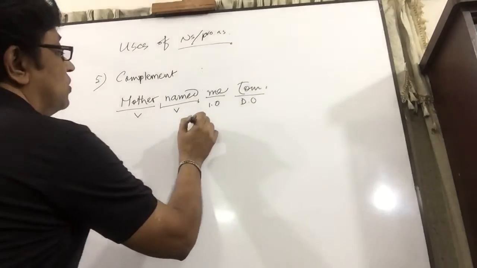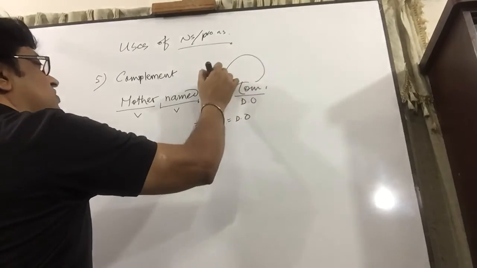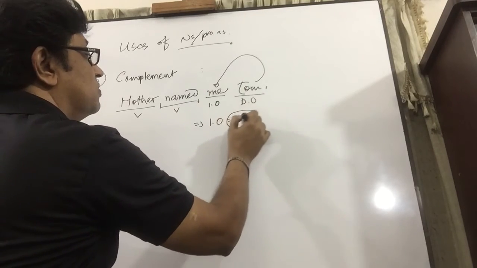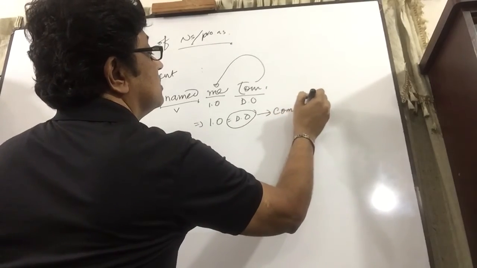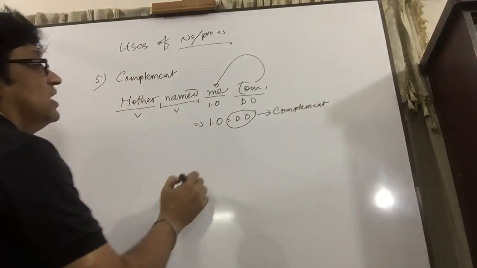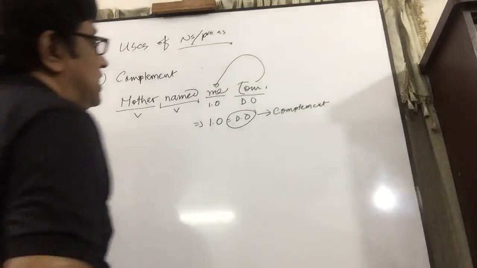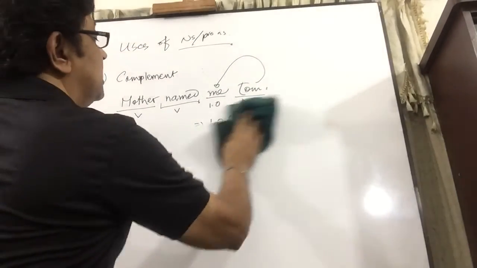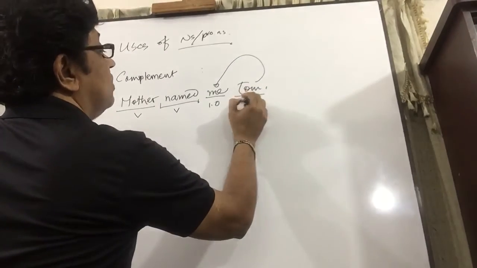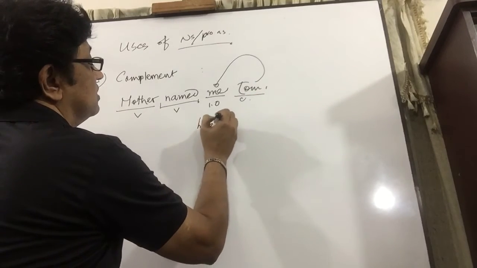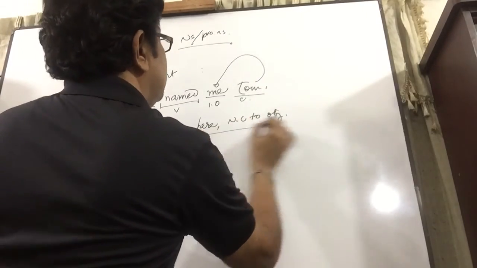But remember that where IO equals DO, that is, DO represents IO, then DO will be declared as complement, which is noun complement to object. Where DO equals IO, then DO is said to be the noun complement to indirect object. That is, it is complement. And here, noun complement to object. Right?